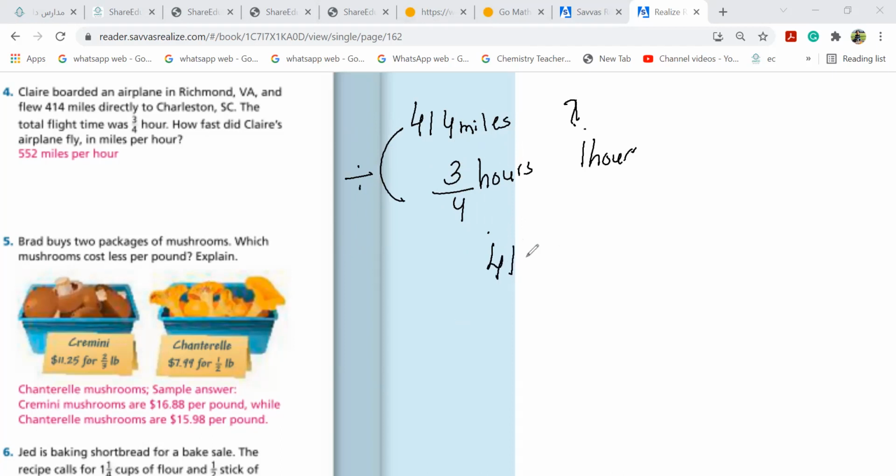First thing I divide. Come on. See on the screen. What do I divide?